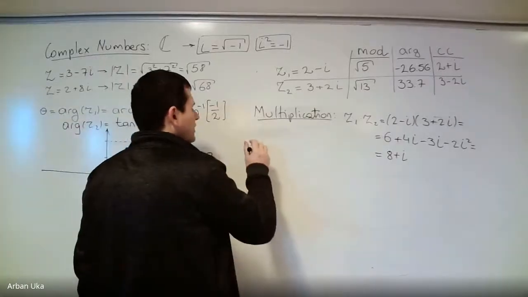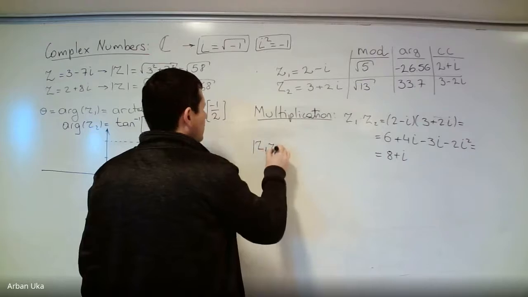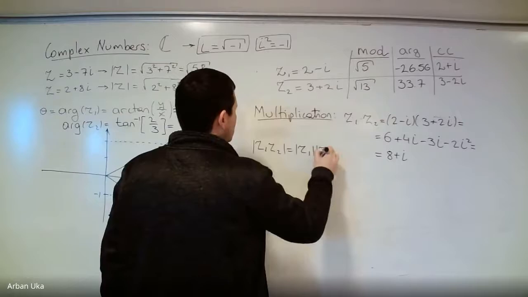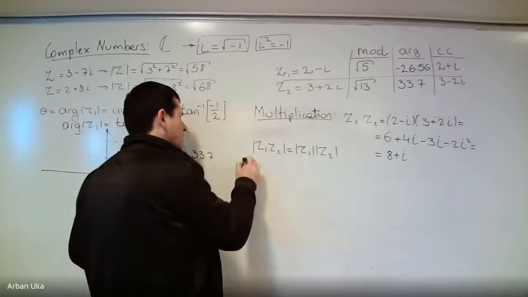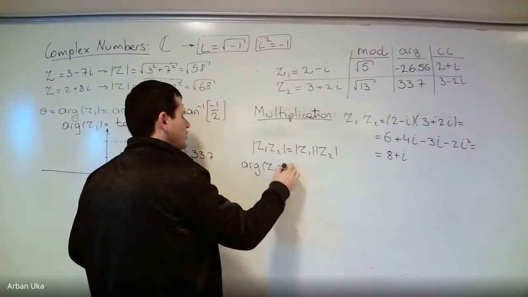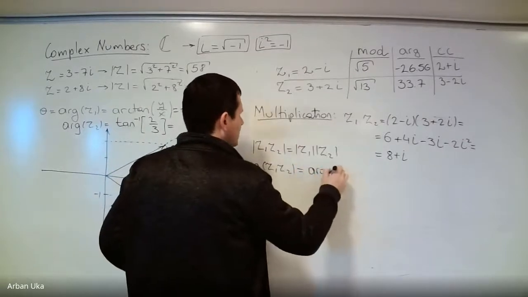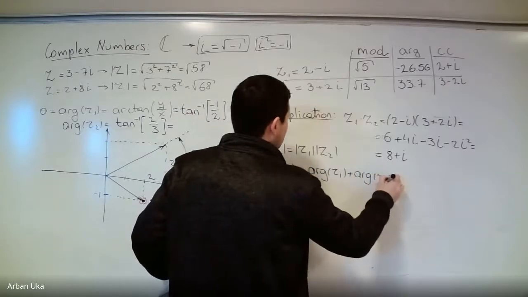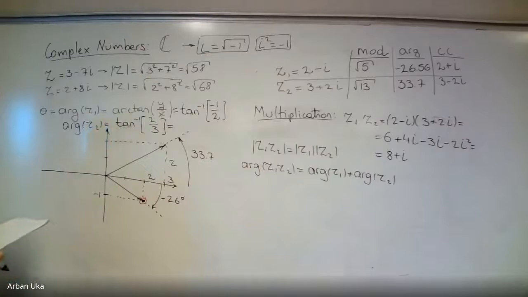And then we have a couple of properties which are the following. When we multiply, the modulus of Z1 times Z2 is equal to the modulus of Z1 times the modulus of Z2. And also, the argument of a number which is equal to Z1 times Z2 is equal to the argument of Z1 plus the argument of Z2. So here we have a couple of important properties.